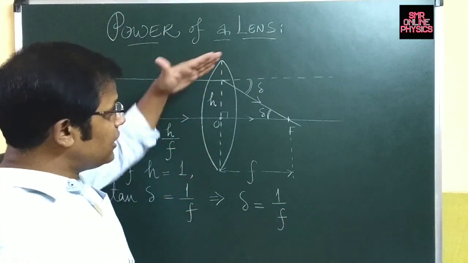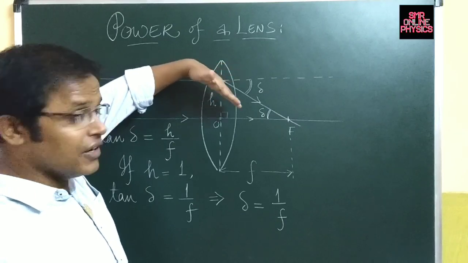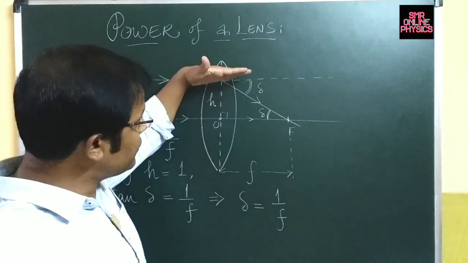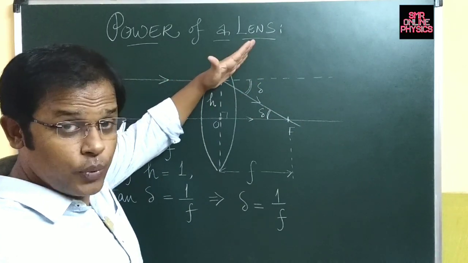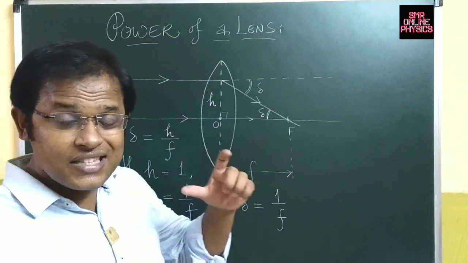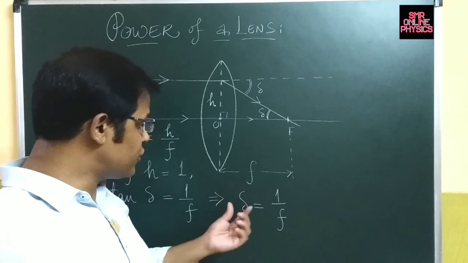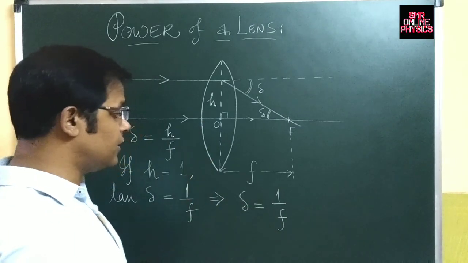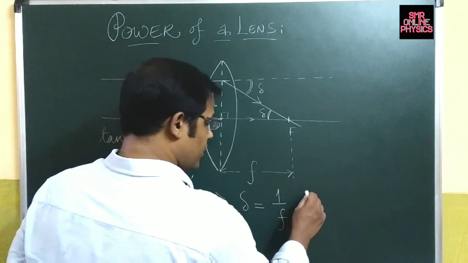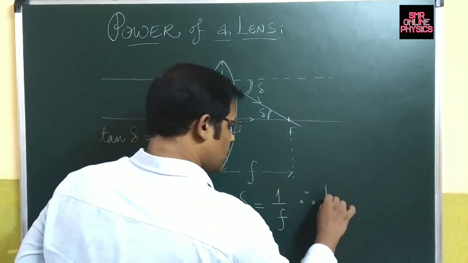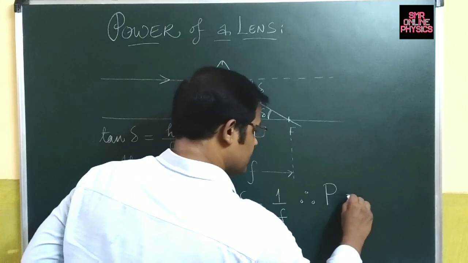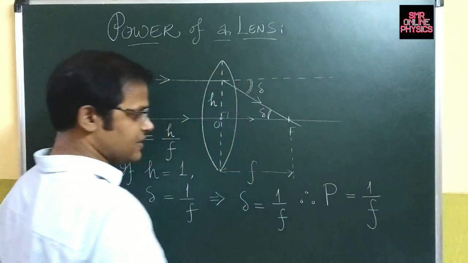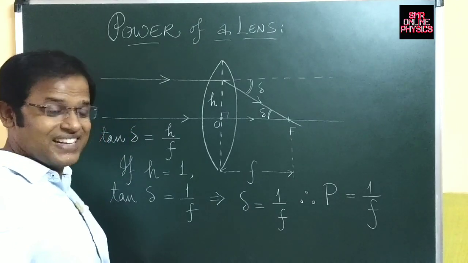This means the angle by which the light rays get converged in the case of a convex lens, or diverged away from the incident ray direction, is equal to the inverse of the focal length of the lens. Hence we can say the power of a lens is the reciprocal of the focal length of the lens. As simple as that.